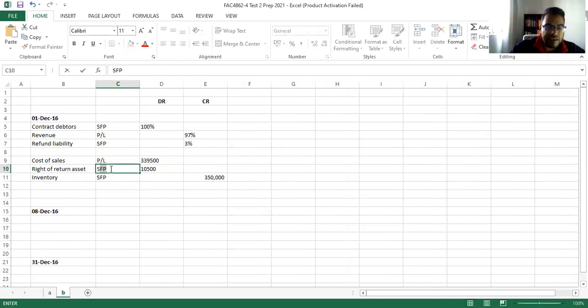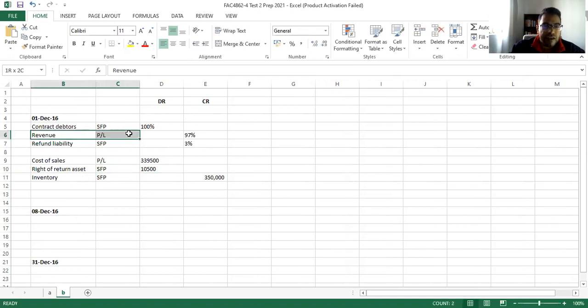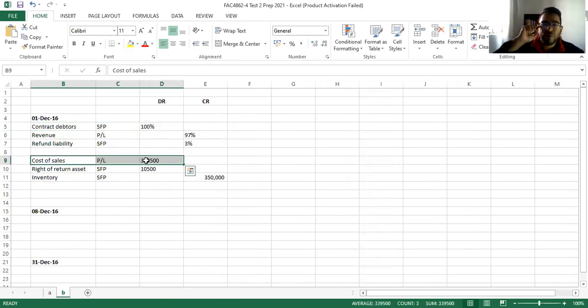And it's an asset, so it's SFP. So what do you notice? P&L is decreasing by 97%. So your gross profit is only representing the 97%. That is what accounting is trying to achieve, to match revenue with cost of sales.